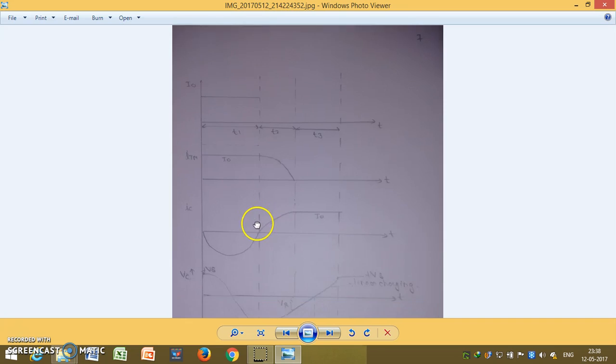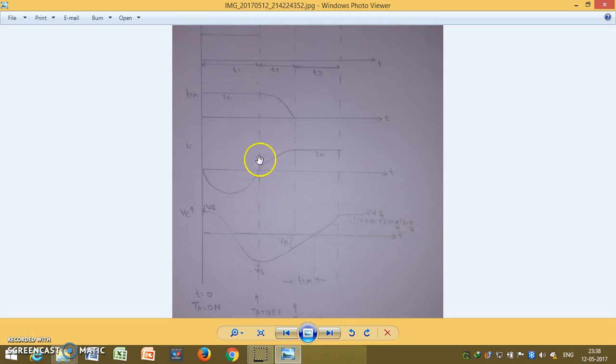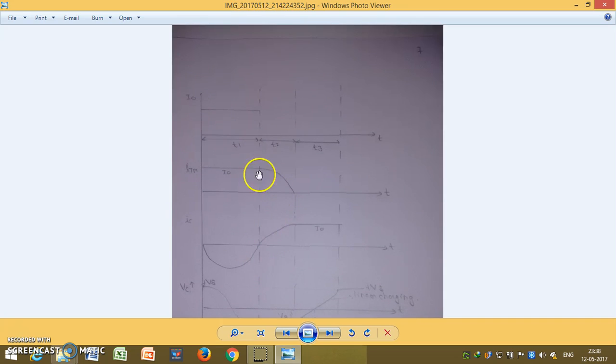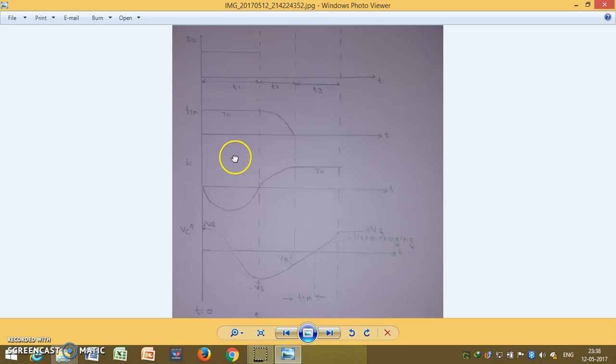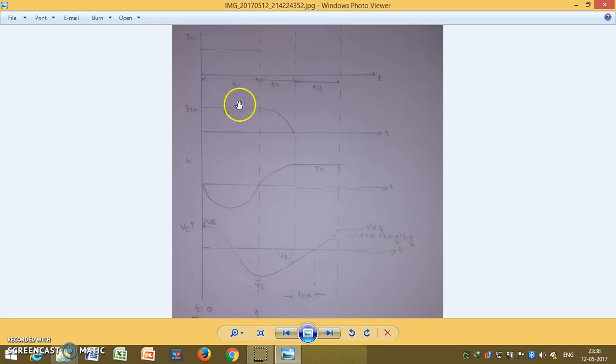Now these are the waveforms. We will discuss each waveform so that we clear all of this. This is I0, which is perfectly DC current and a highly inductive current, so the current is constant. First of all we discuss the first mode. This is our I0, which is constant because this load current is going through this.